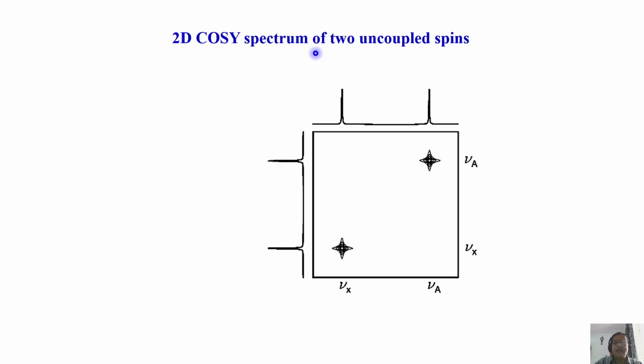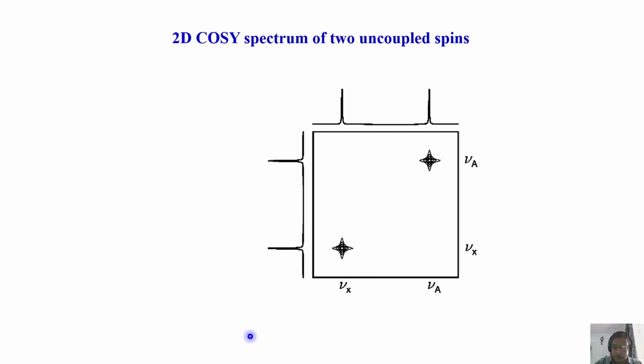Remember, I said these two spins are uncoupled. As a consequence, nu A has the same frequency both in the t1 dimension and in the t2 dimension. Similarly, the spin nu X has the same frequency both in t1 and t2 dimensions.